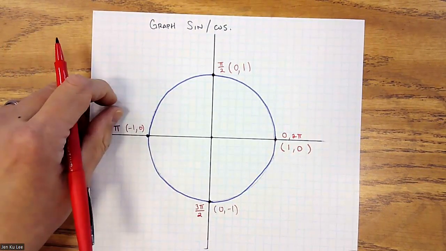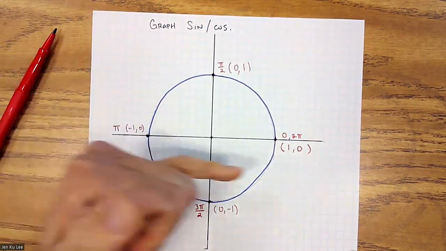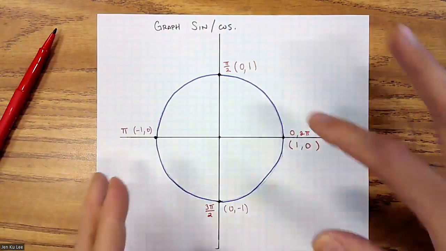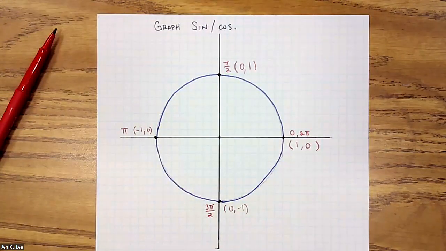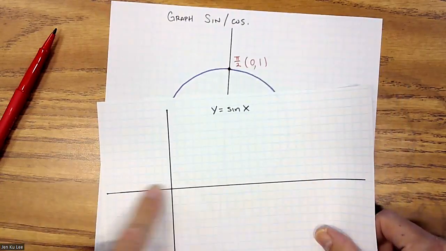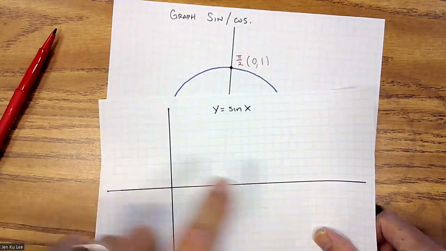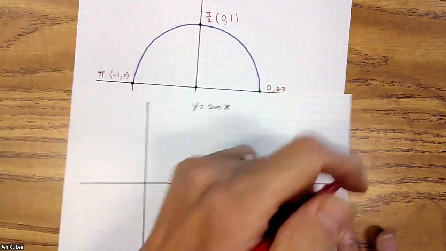And what we're doing today is, you can imagine that we're cutting the unit circle and expanding it out to an XY graph like this, where my x-axis is now my radian measures.